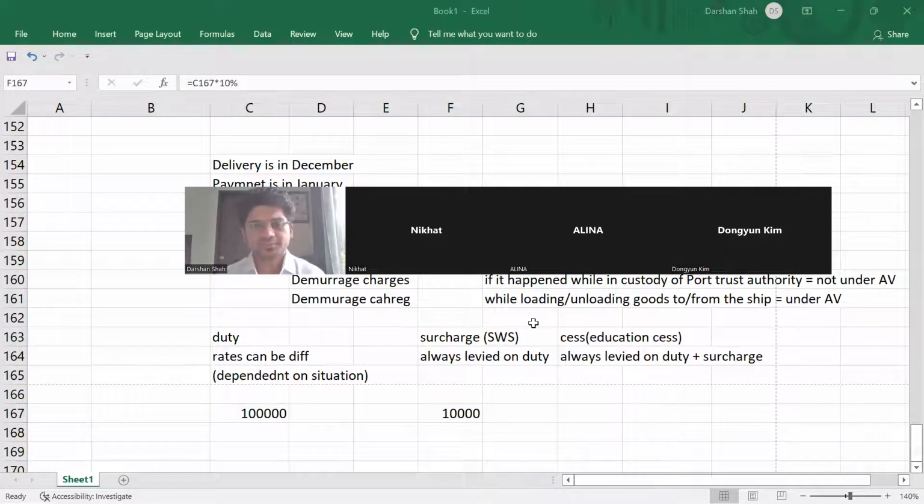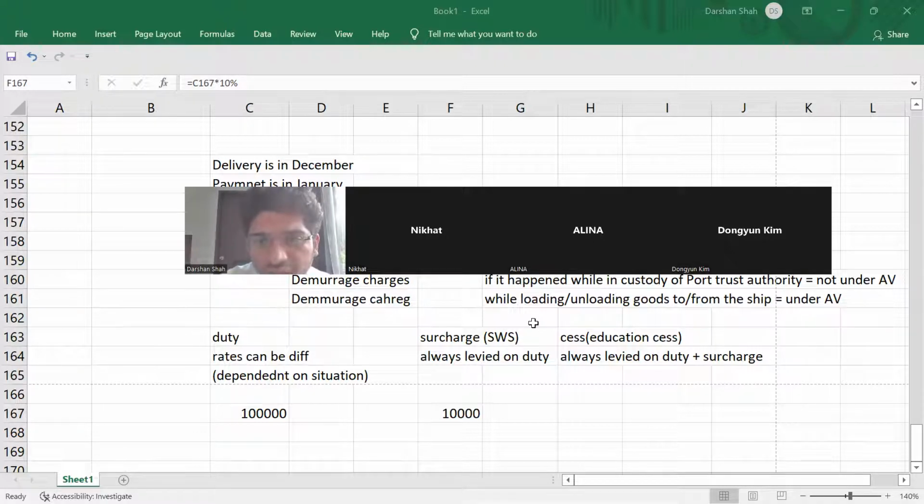So here the answer will be 15%. Don't get confused between exchange rate and duty rate. Exchange rate will always be the bill of entry date, and duty rate is whichever is the later.